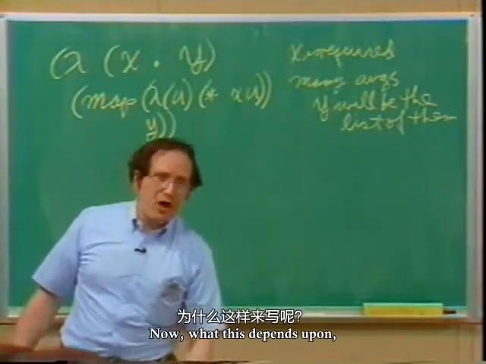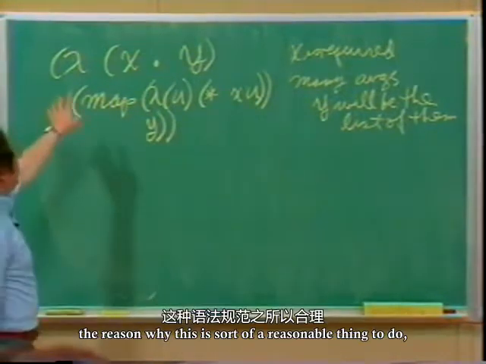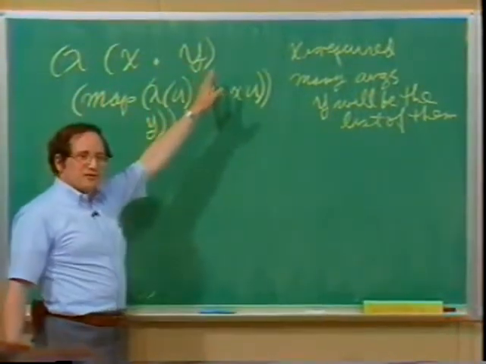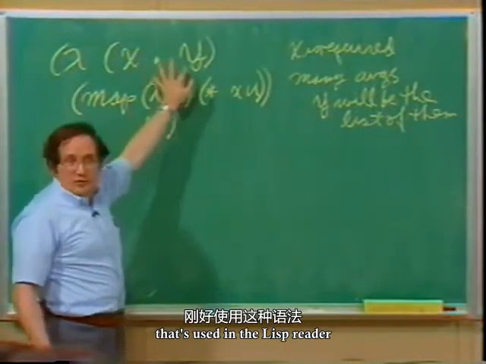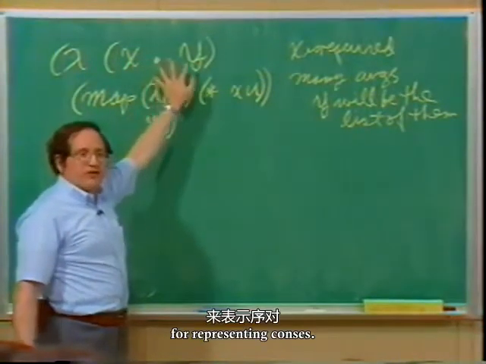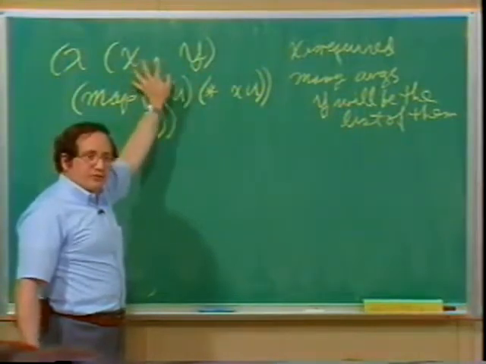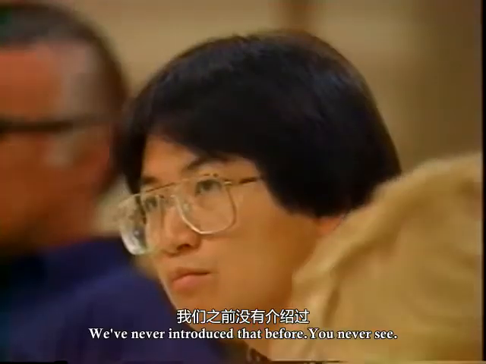Now, what this depends upon, the reason why this is a reasonable thing to do, is because this happens to be a syntax that's used in the Lisp reader for representing conses. We've never introduced that before.